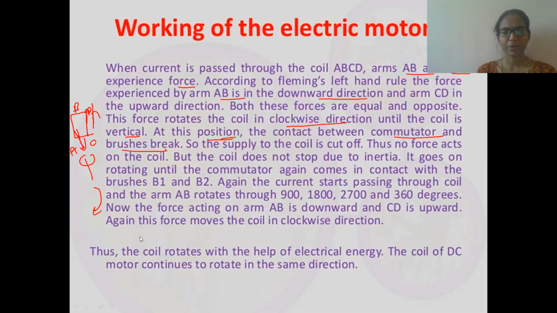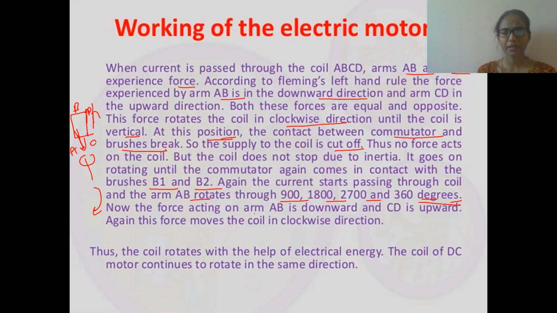So what will happen at that time? You can observe here that the supply of current is cut off. Thus no force acts on the rotating coil until the commutator again comes in contact with the brushes B1 and B2. Again the current starts passing through the coil and arm AB rotates through 360 degrees.